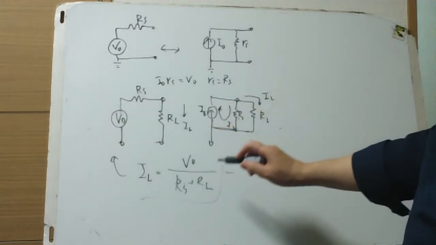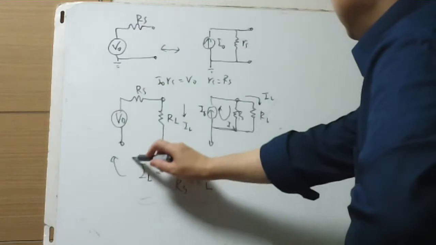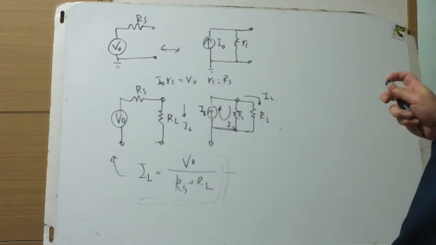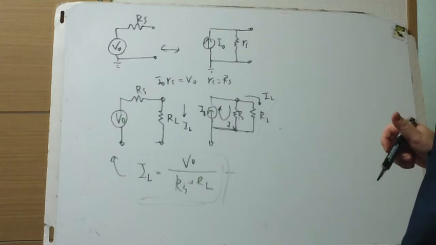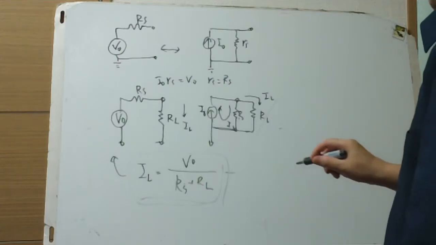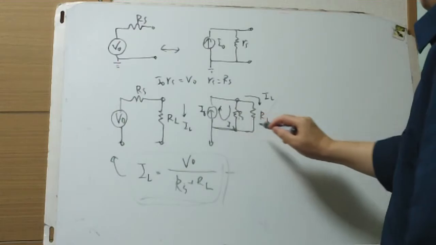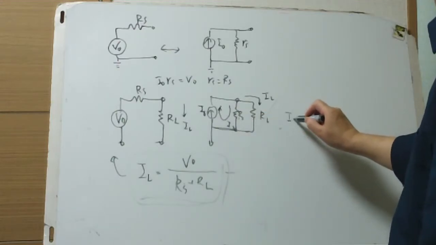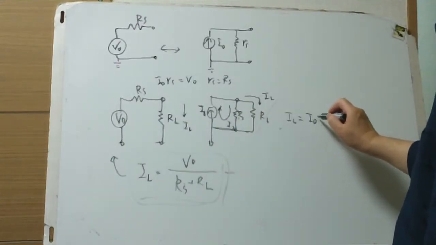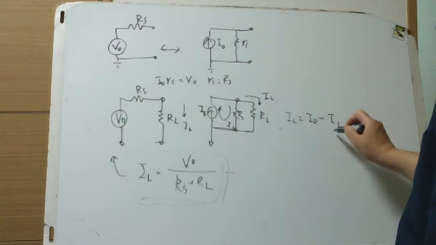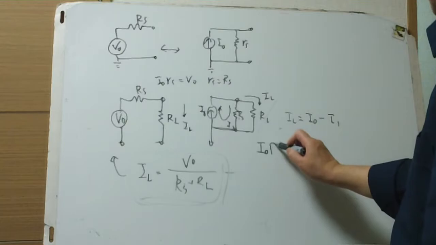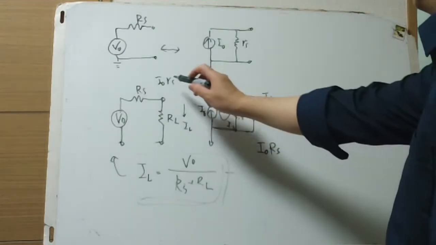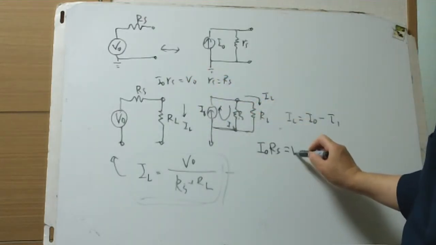IL is like this, but if this is I0, IL equals I0 minus I1, and I0 RS equals VO.